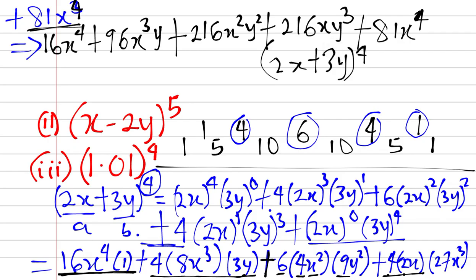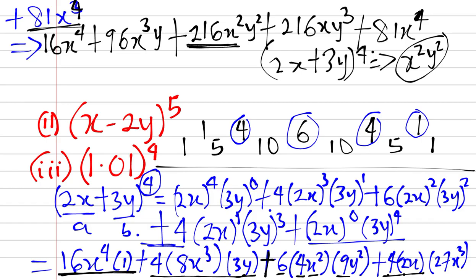Now the question will be, in the expansion of 2x plus 3y, find the coefficient of x squared y squared. After you are done with your answer, you will pick the coefficient, which is 216, because that is the coefficient of your x squared y squared. So that is how to do this example.